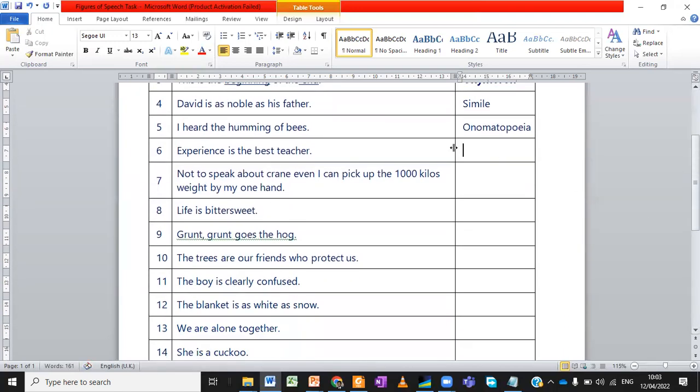Number 6. If you're finding it difficult for now, you can move to the next one. We'll come back to question 6 later on. Number 7.